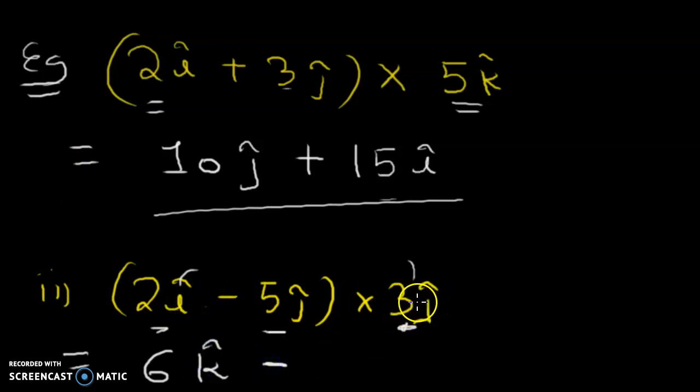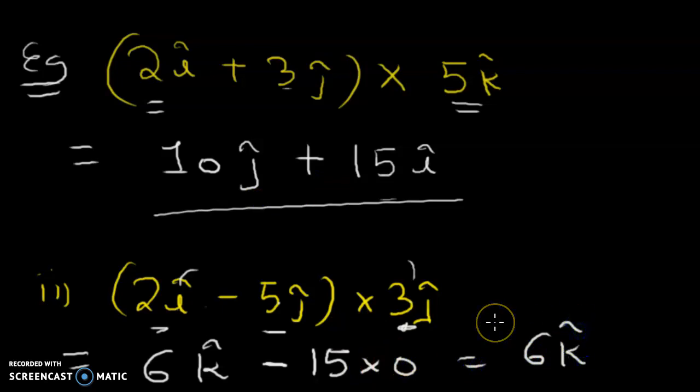Negative 5 times 3 is 15. j cross j is 0. So the answer is only 6k cap. Okay, cool. So thereby you can do this multiplication.